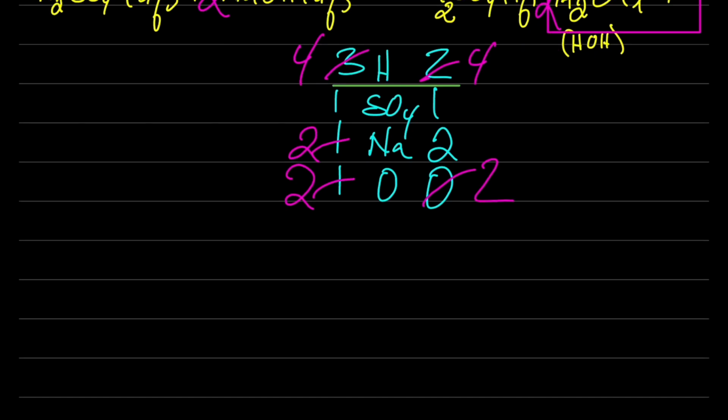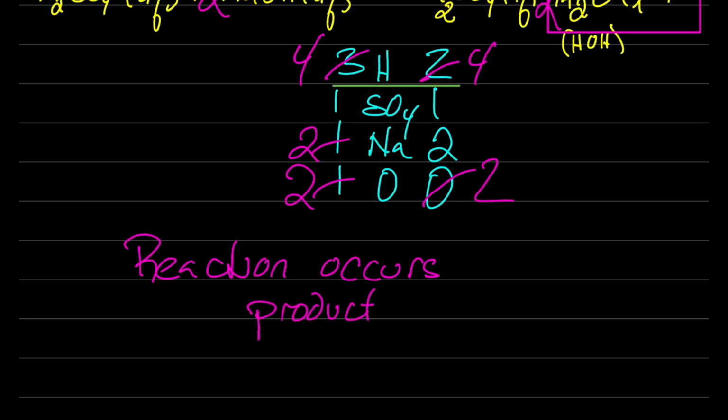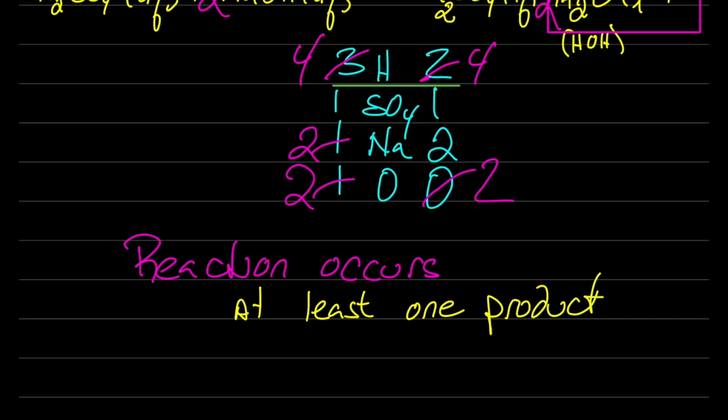So remember, for a double replacement reaction to occur, if a reaction occurs, we've made a product. If a reaction occurs, at least one product must be a solid.